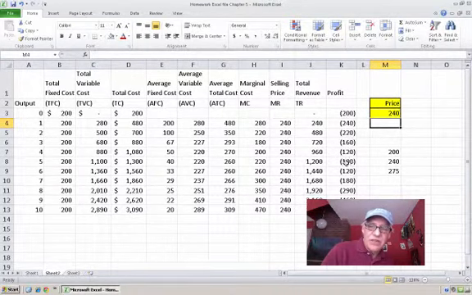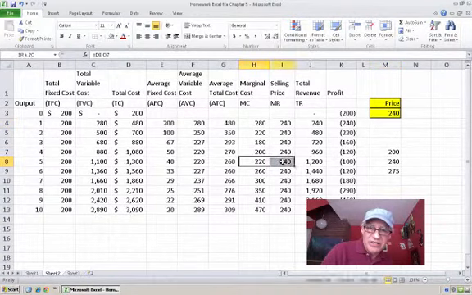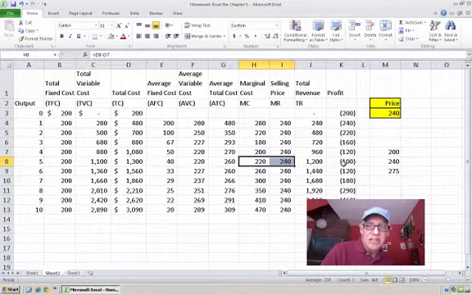But if I look at where MR equals MC, the closest anyway, here is the closest right here. Here is where I'm just losing 100 bucks. We're losing money, but we would still be in business, in the short run at least, because if we close down completely, we still got to pay 200 bucks. It's better to lose 100 bucks than it is to lose 200 bucks.